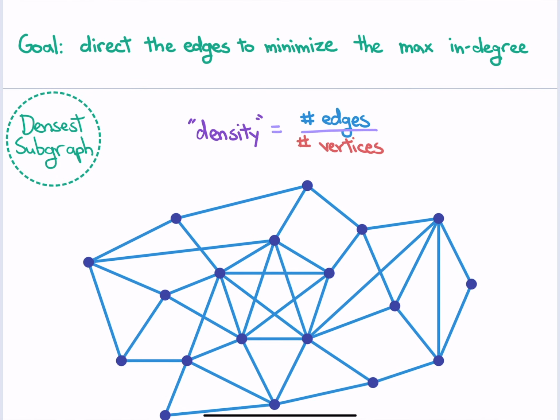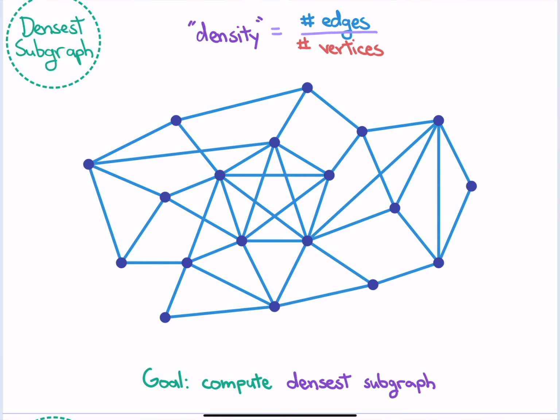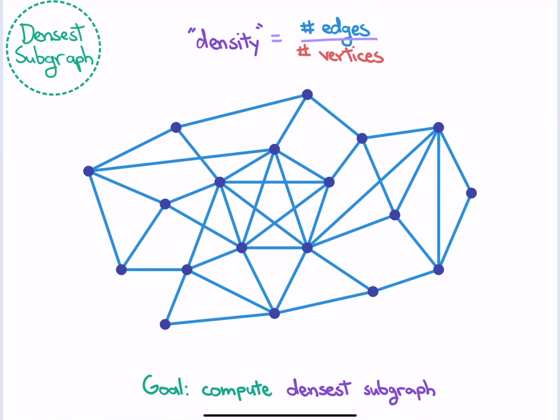And then the last application I have set up for us is called densest subgraph. This is popular in studying social networks and stuff. In general, for a graph, the density is the ratio of the number of edges divided by the number of vertices, so m divided by n. The goal is to find a subgraph, a subset of vertices.